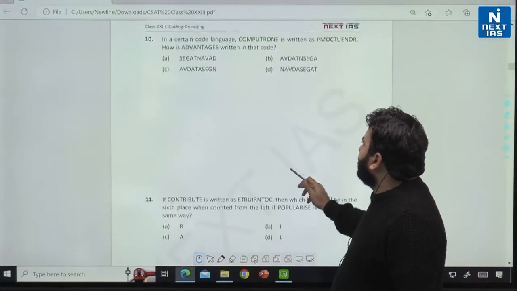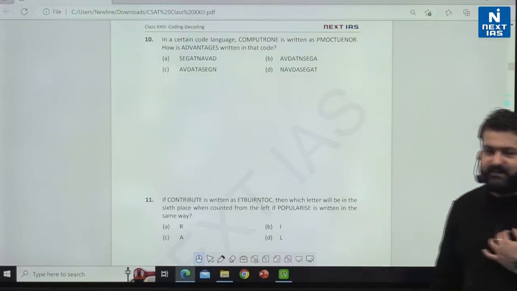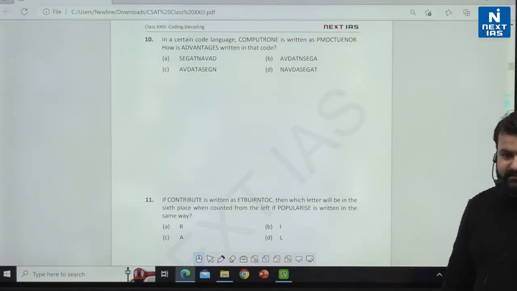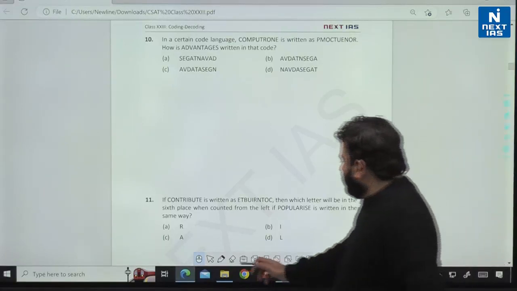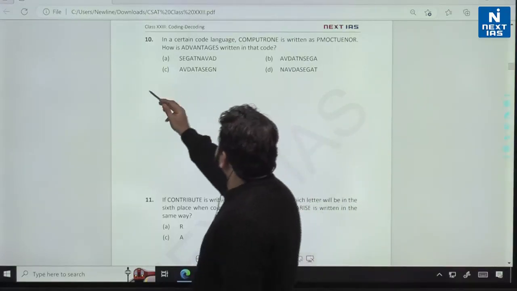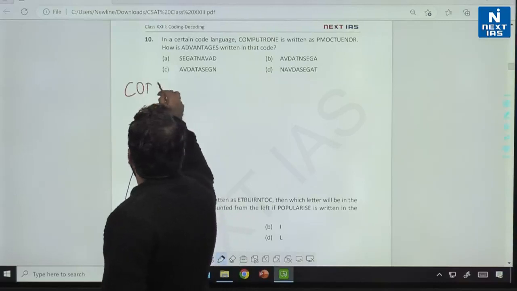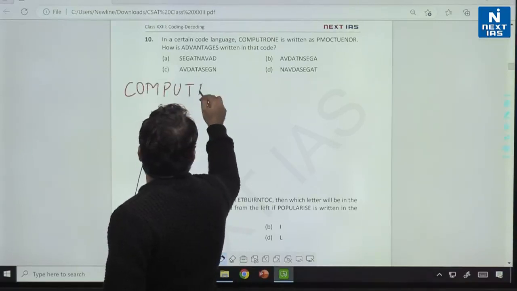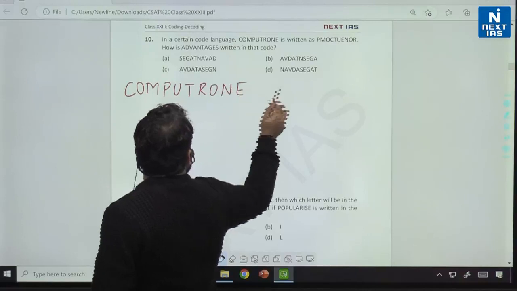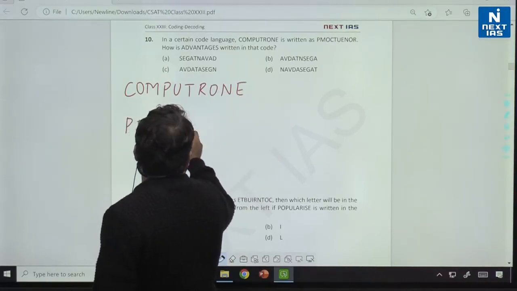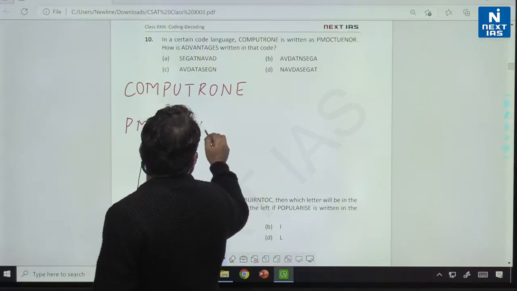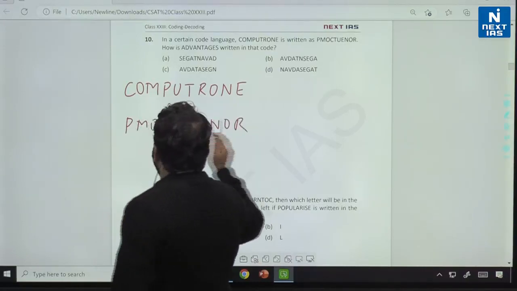Question number 10, all of you, what is the answer? Option B. All of you getting option B. What is the pattern here? Okay. So now in this case, computron is coded as PMOC TU ENOR.